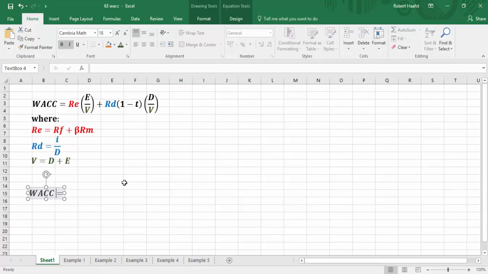Let's try to get it in the equation. Because the equity to value is 100%, own money. So this would be 0 divided by the total value. 0 times something, well, that's 0. So this whole part of debt falls away.